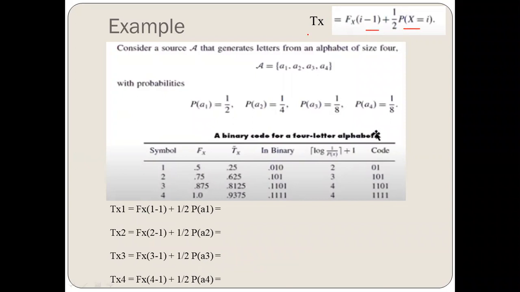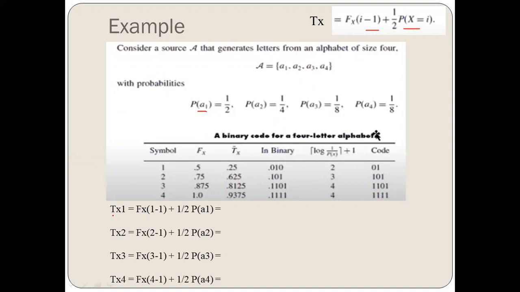That means if I am calculating the tag for the first symbol, that is for A1, I will find the function Fx. I is what? I is 1. So 1 minus 1 plus half of probability A1, right?